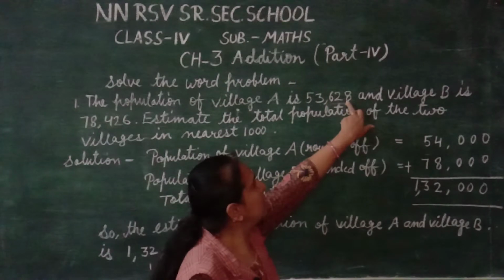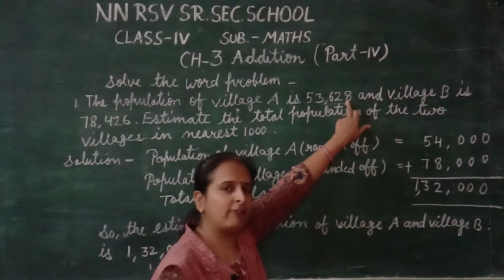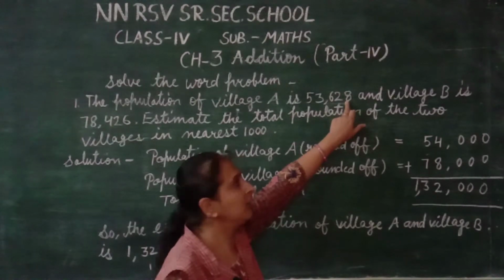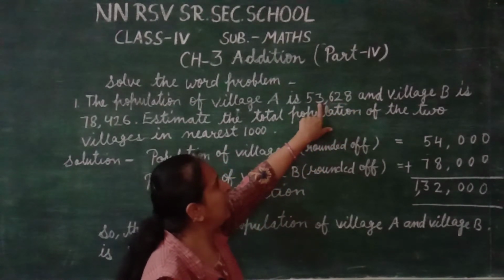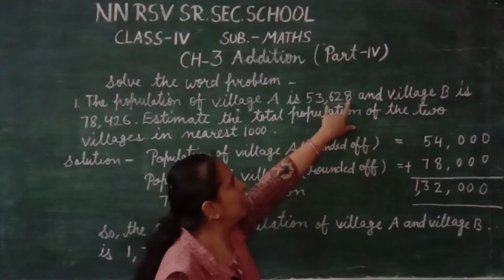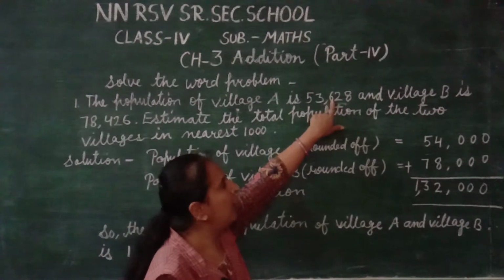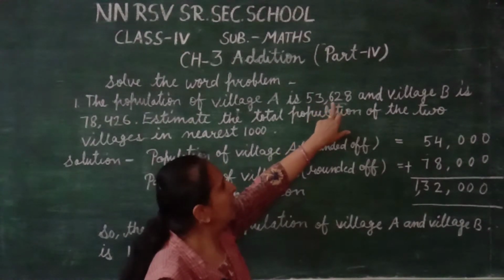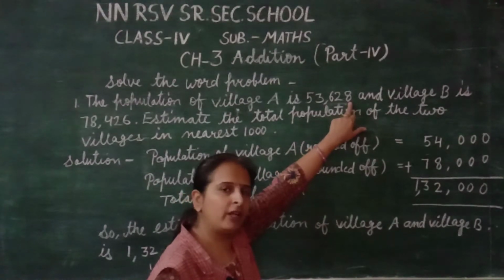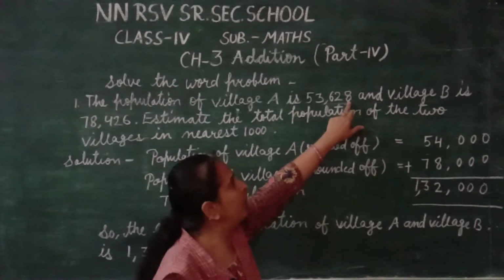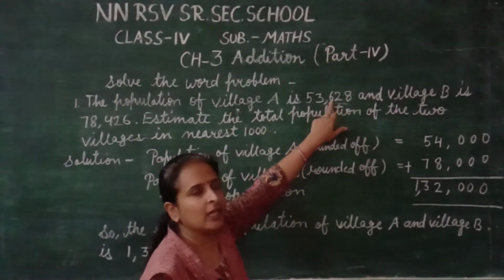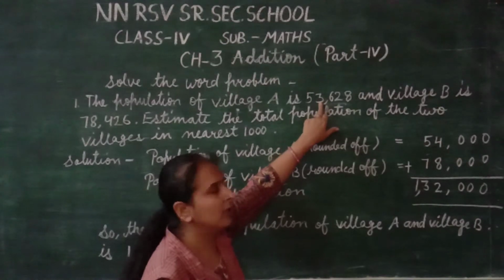When it is more than 500, we add 1 in the 1,000 place and put zeros in the ones, tens and hundreds places. Here 628 is more than 500, so we put 0 in the ones, tens and hundreds, and 1 will be added to the 3.